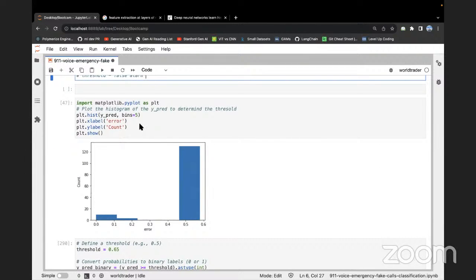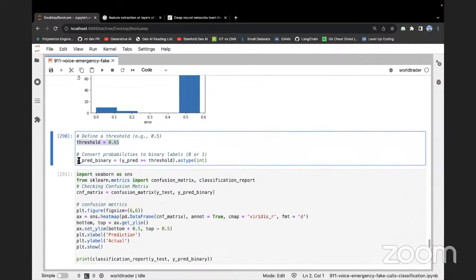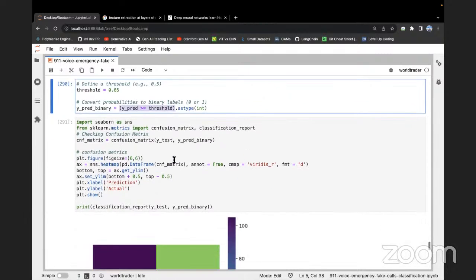So instead of 0.5, I will analyze the distribution of things and I will see that I should take a higher threshold. That is why I will say 0.65. You can have 0.7, you can have 0.8, depending on your choice. How strict you want to be, you can play around with this parameter for that. And then you predict the binary result. If it is greater than your threshold, then you will consider that as a false alarm. If it is less than your threshold, then you will consider that not as a false alarm, right?